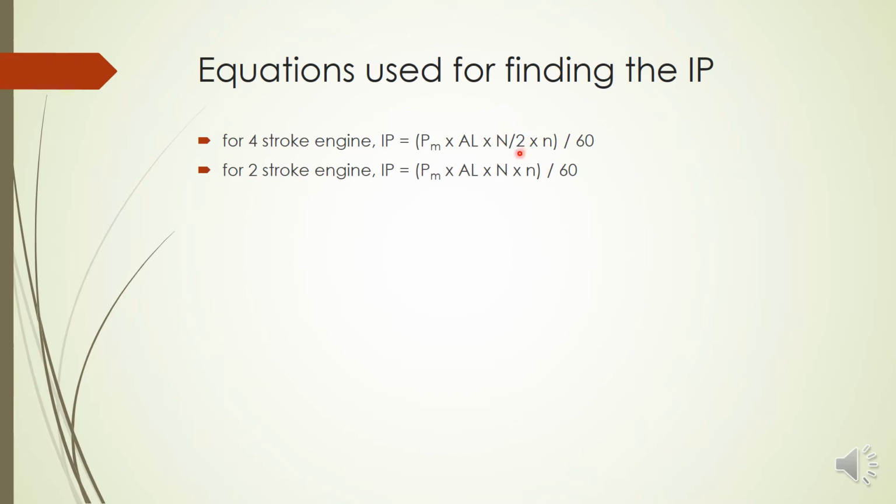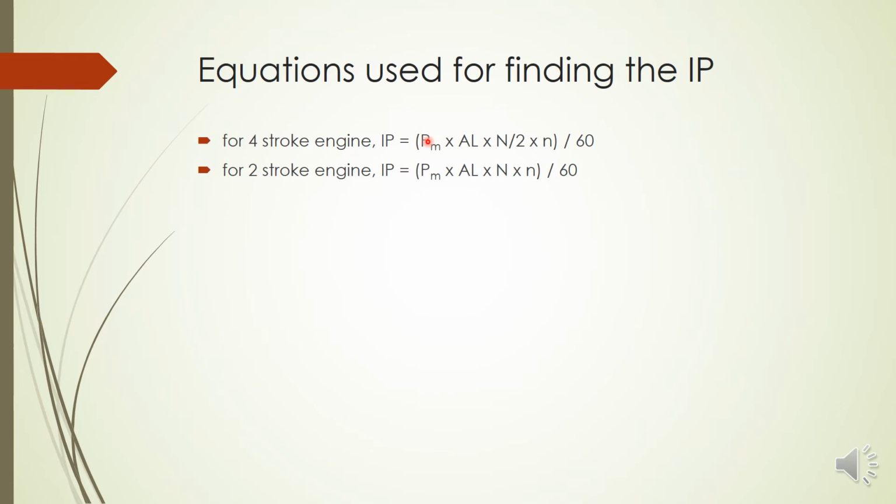This is because in a 4-stroke engine, one power stroke is generated in 4 strokes of the engine, or in other words, 2 revolutions of the crankshaft, since 1 stroke is equivalent to 180 degrees of crankshaft.